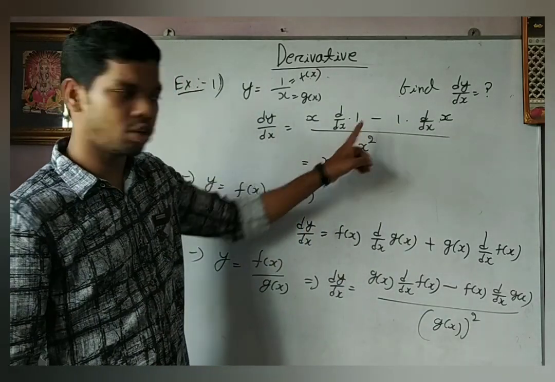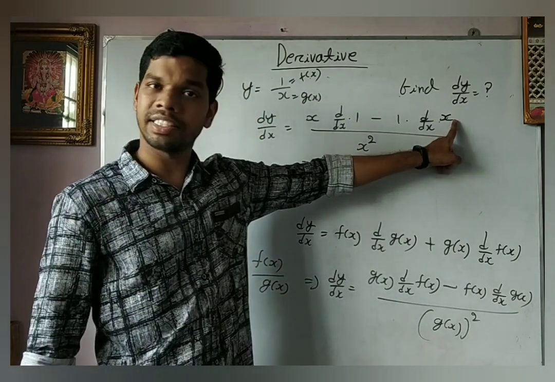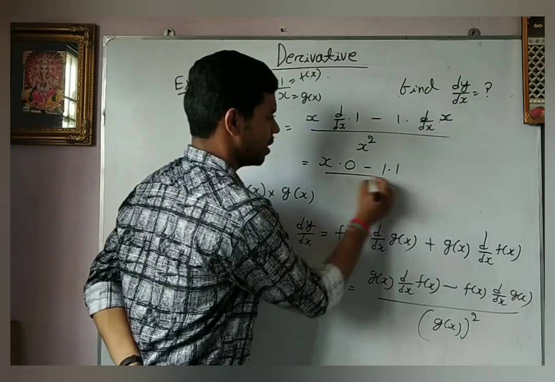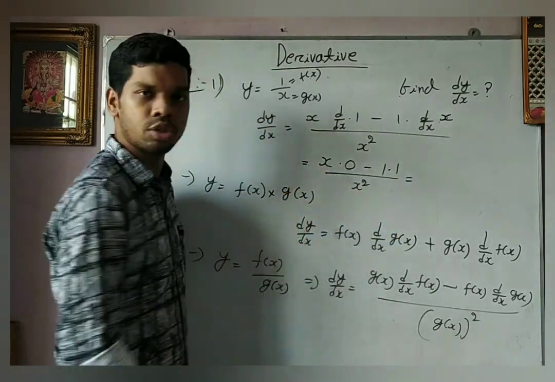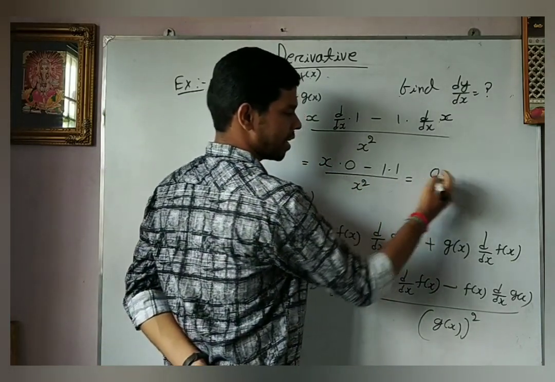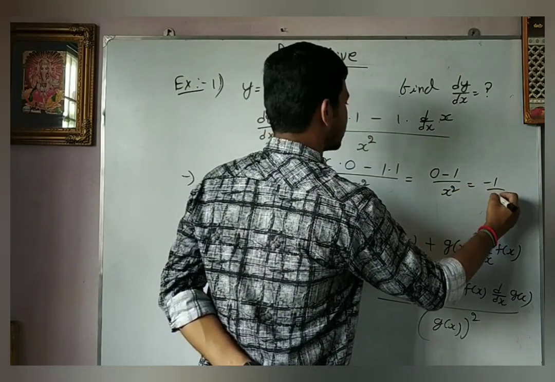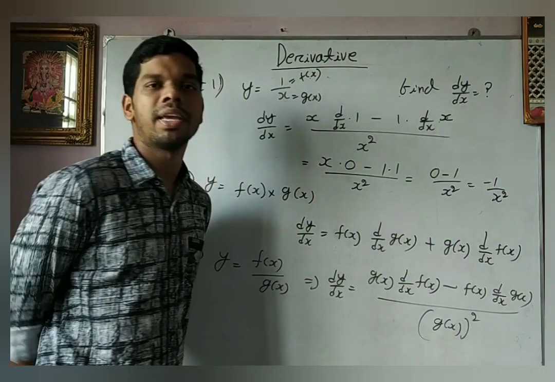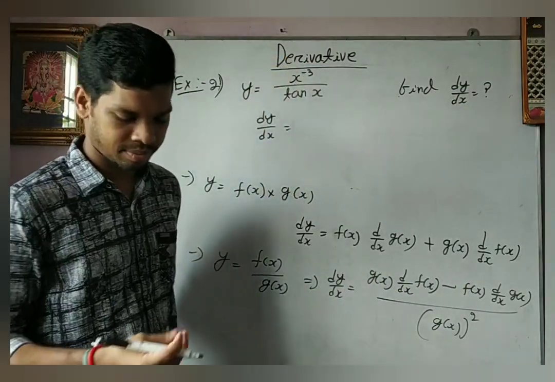Derivative of 1 is equal to 0 minus, and derivative of x equal to 1, divided by x square. This is equal to x into 0 minus 1 into 1 by x square. Answer is minus 1 by x square.